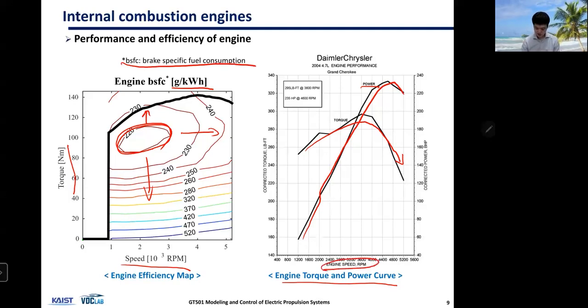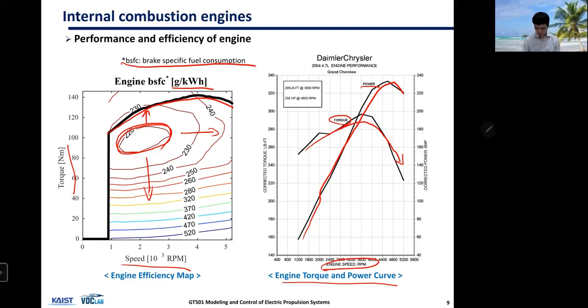So as speed increases, if torque was flat, power will be linearly increasing. So note that this maximum torque line here is relatively flat for internal combustion engines. Diesel engines tend to have slightly higher maximum torque at low speed, but gasoline engines tend to have either flat or higher torque at mid speed.